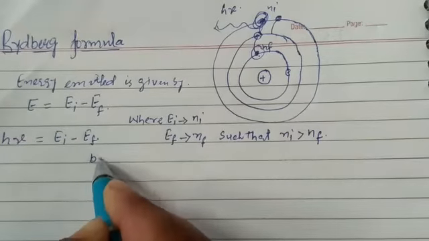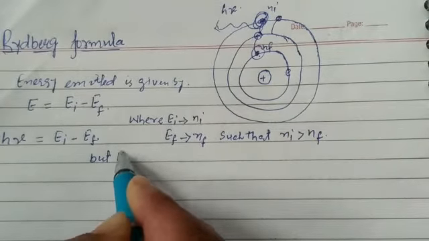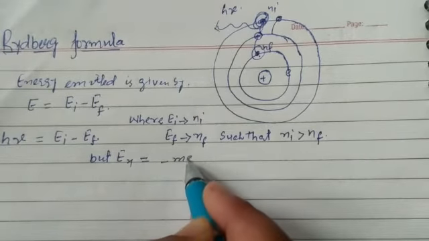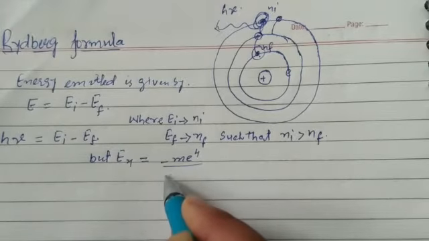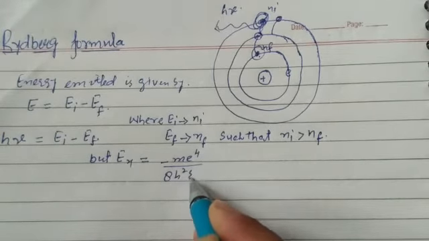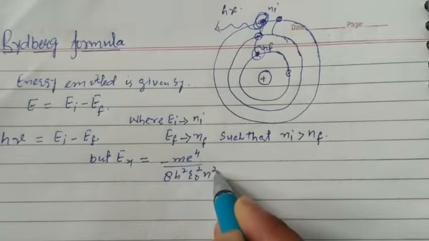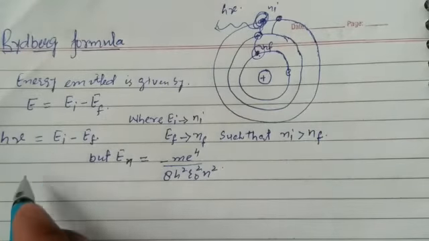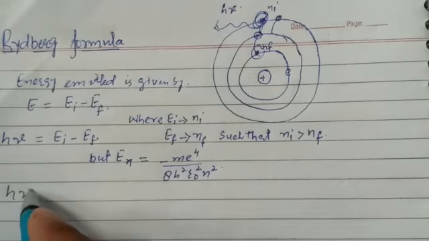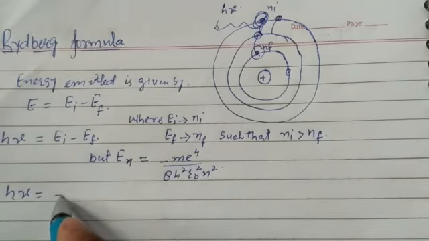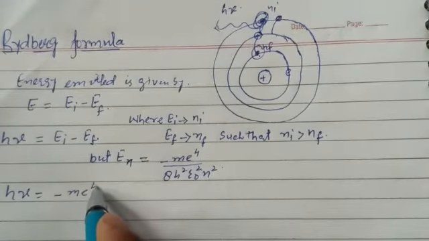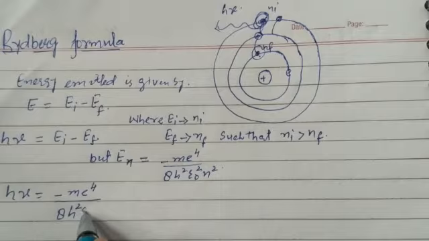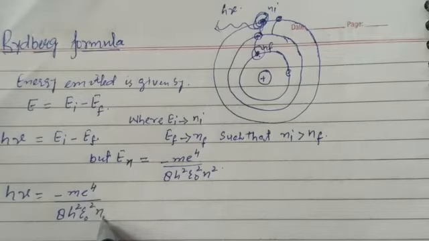But we are aware that the energy associated with the nth orbit equals minus m e raised to the power 4 over 8 h square epsilon naught square n square. We can use it in the above equation. h nu equals to minus m e to the power 4 over 8 h square epsilon naught square ni square, minus of minus m e to the power 4 over 8 h square epsilon naught square nf square.